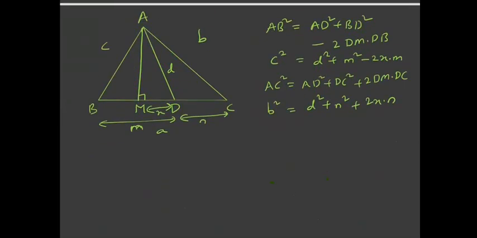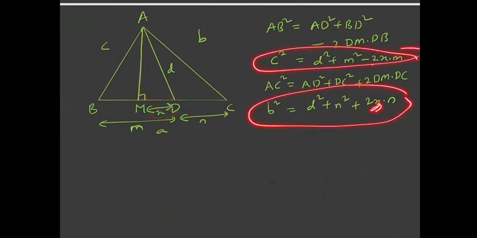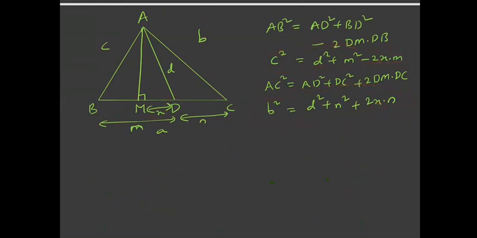This is our assumption. We have drawn a perpendicular AM and we have assumed the length of MD as X. So our aim is to eliminate this value of X. So how will we eliminate this X from these two equations? Let us say this is equation number 1 and this is equation number 2. So you need to eliminate the value of X.